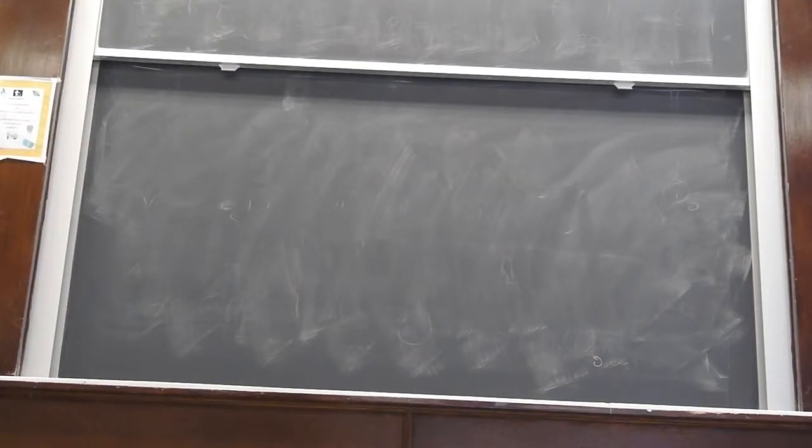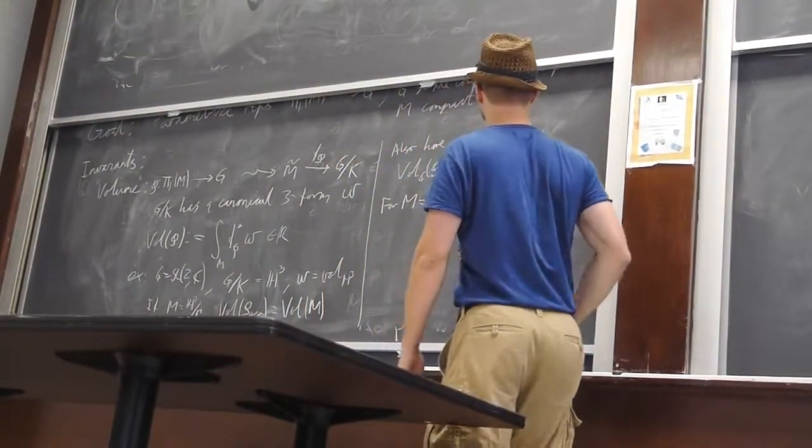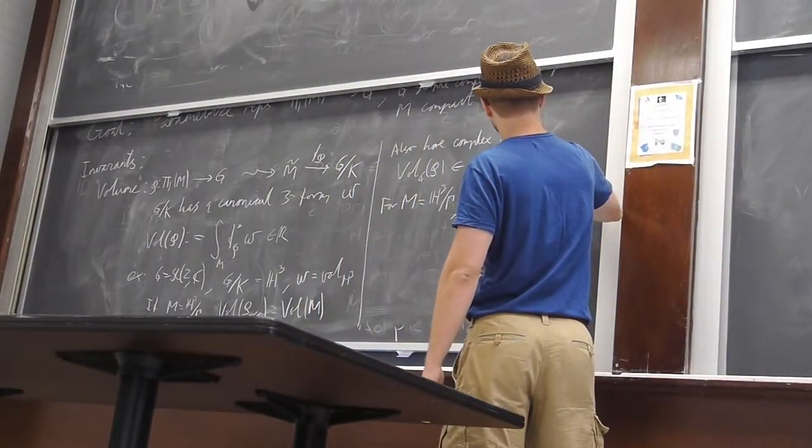Volume here is some real number, and complex volume is some complex number, where the imaginary part is only defined up to a multiple. The complex volume is the invariant that's already been mentioned, the volume of the Chern-Simons invariant.